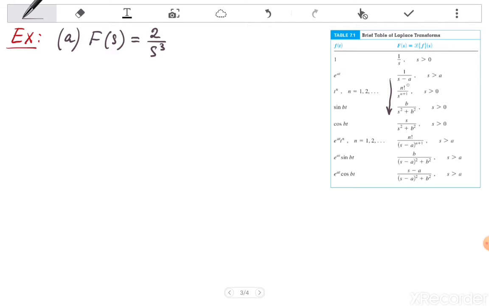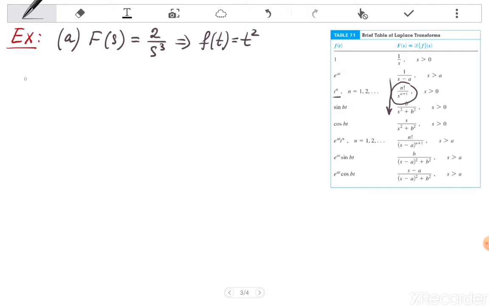If you go through them, the only one which is good is this one. So s to the power 3 means that n must be 2, and 2 factorial is also in the numerator. So the original function was t squared.